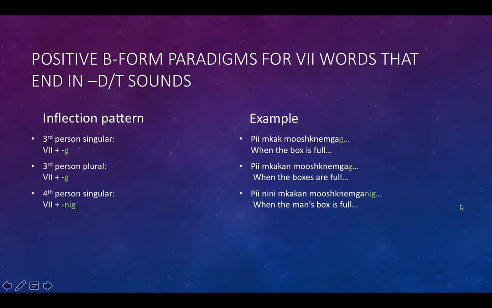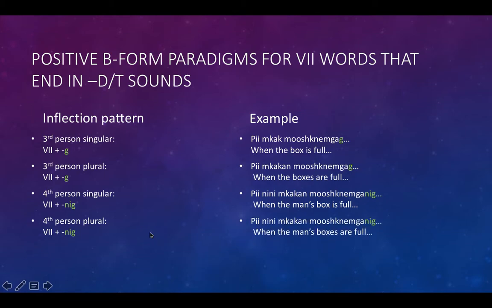Next, we're moving on to the fourth person plural. So fourth person plural again is just adding the nig suffix. And just like our last example, singular and plural are written the exact same way. So if you come across a fourth person plural or a fourth person B-form conjugation or inflection phrase in our work, you can translate either or and it will be marked as correct.